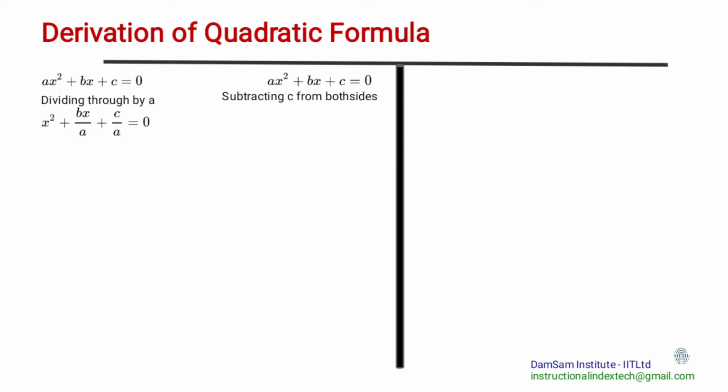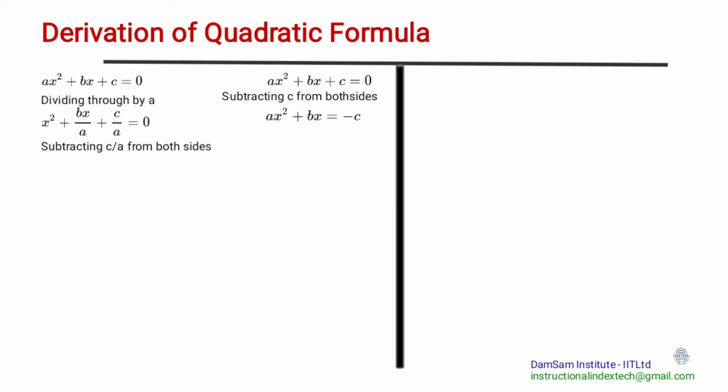Or we subtract c from both sides, and we have ax squared plus bx is equal to negative c.